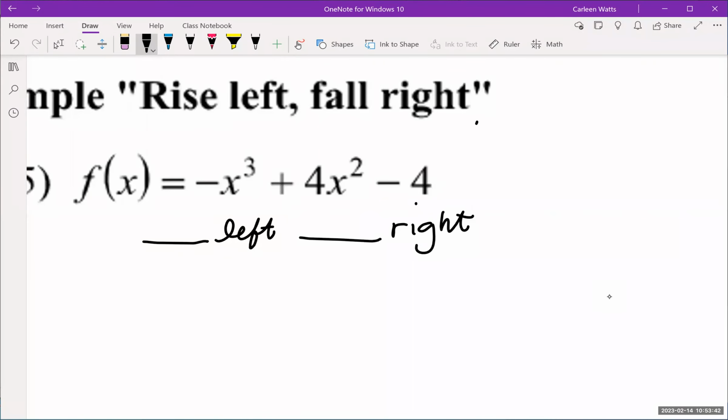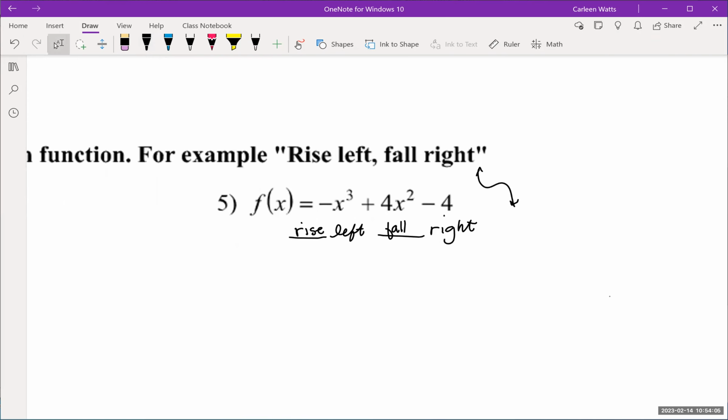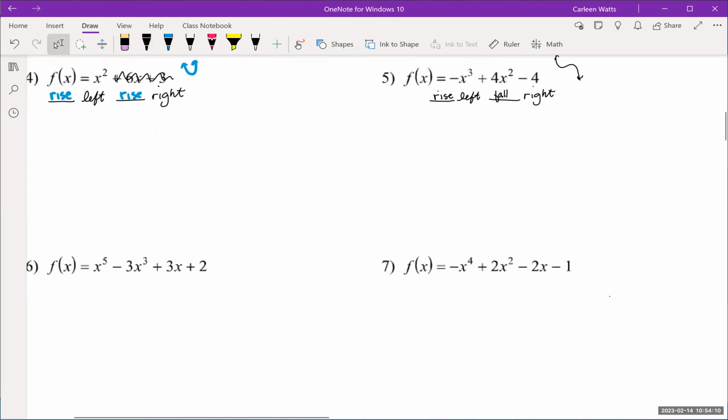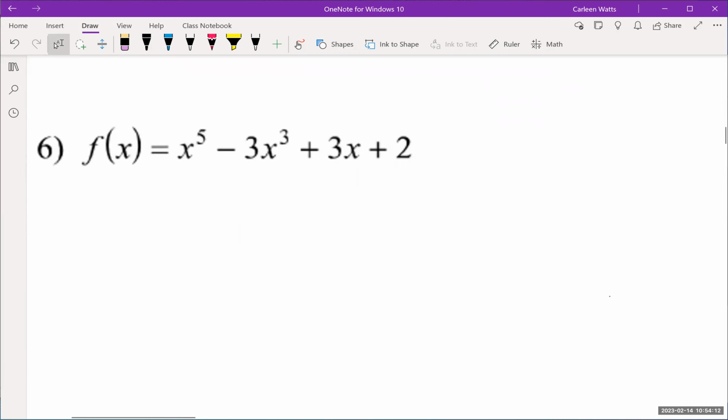So it looks like this. Okay, so what did you say? Down? Rise left. You could either say down or fall, right. Yeah, we're getting it. And you will have that chart. Use the chart. Okay, number 6.